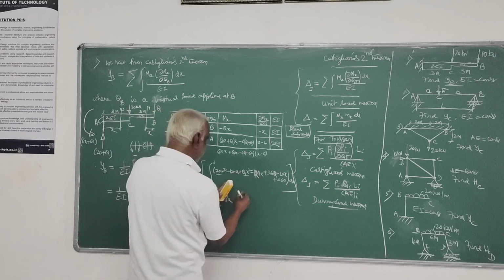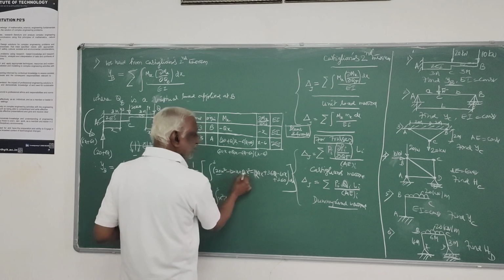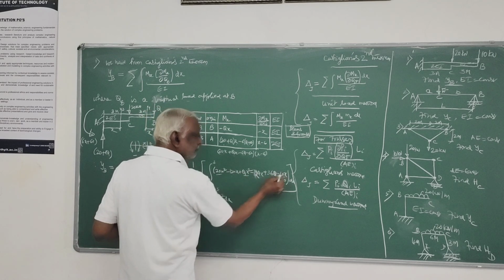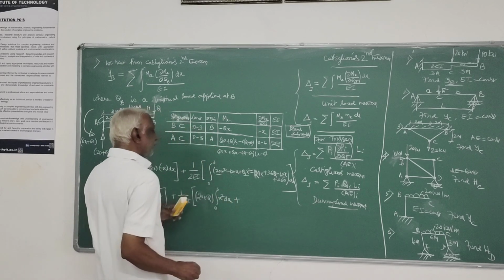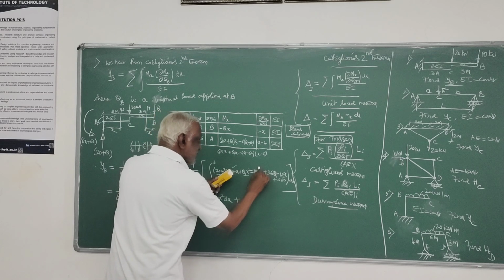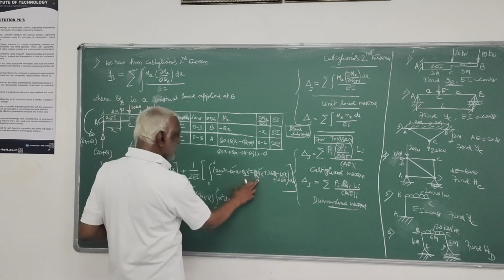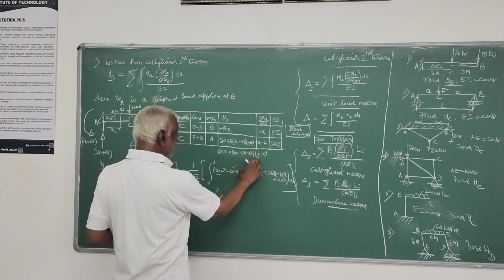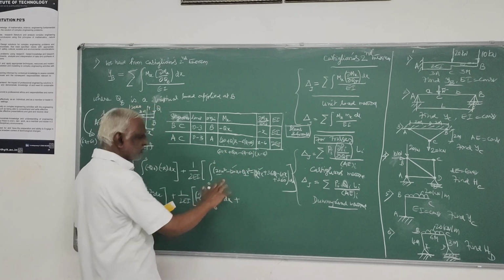Then x terms I will take: this is minus 120x minus 12qx. That is minus 6qx, another minus 6qx, so that's 12qx.